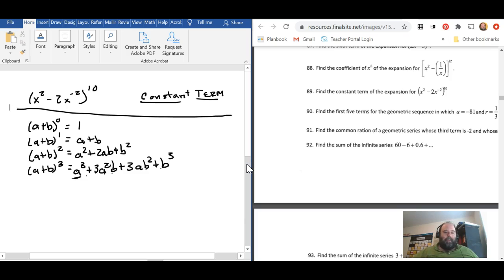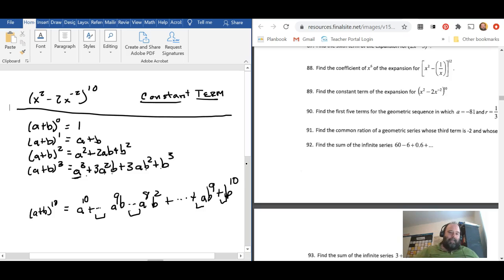So I know a plus b to the 10th is going to be a to the 10th, plus something a to the 9th b, plus a to the 8th b squared, out to a b to the 9th plus b to the 10th. I know that's there, but I don't know what the coefficients are.